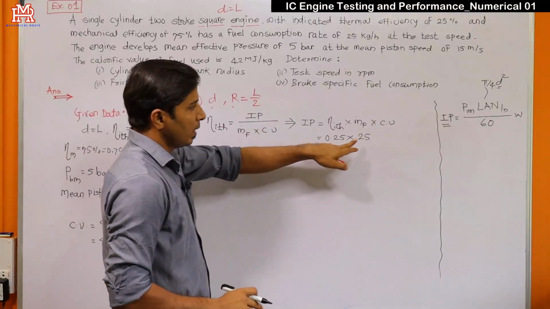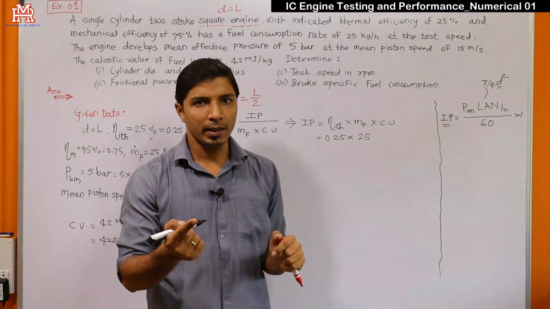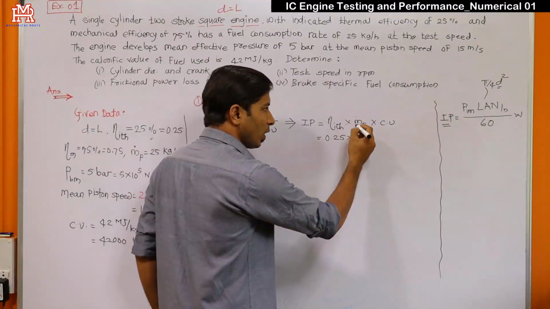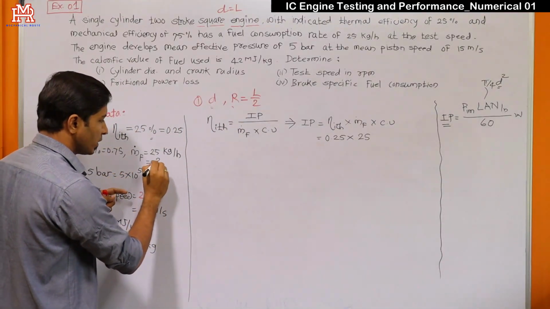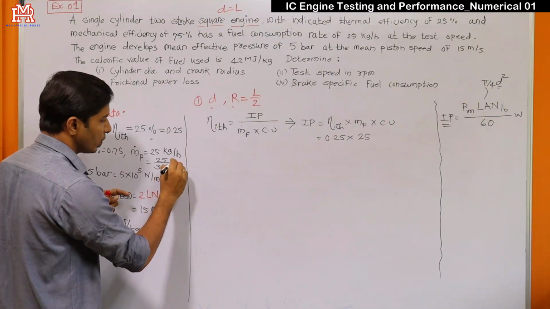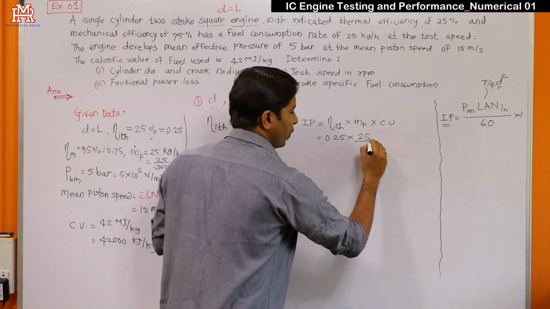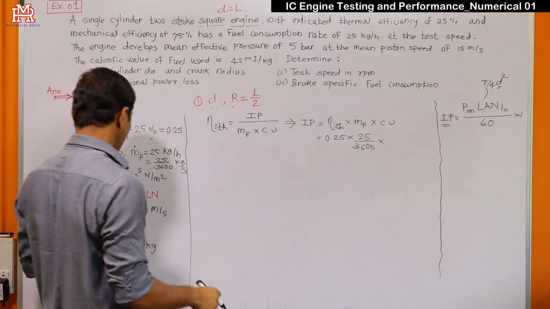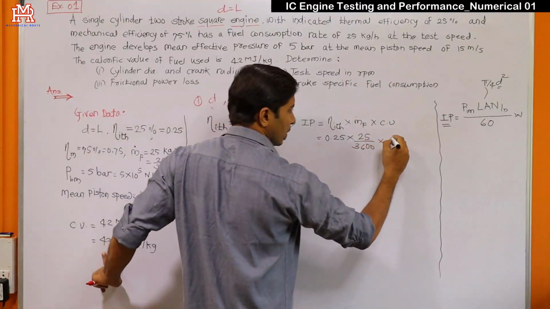But in this formula we have to use kg per second, and then only you will get the unit in kilowatt. To convert this into kg per second, we just divide by 3600, so the unit becomes kg per second. So 25 divided by 3600 into the calorific value of fuel, which is given as 42,000.